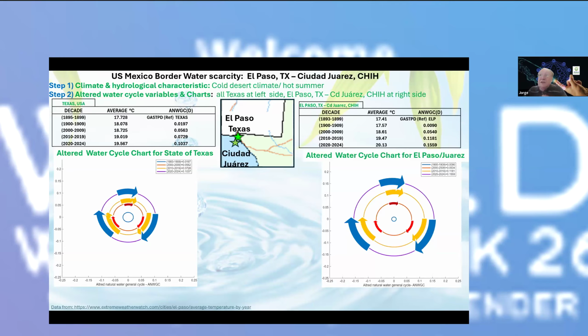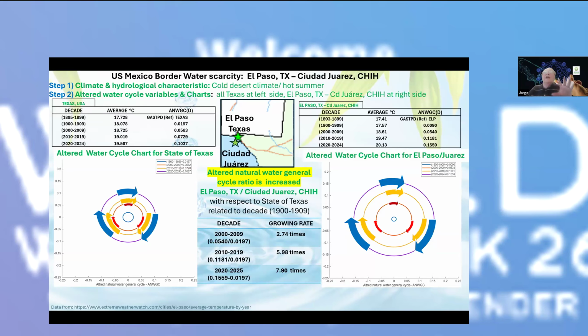You can see the size of the diameter. That explains to us that today the hot weather is warming up even faster than in the rest of Texas.